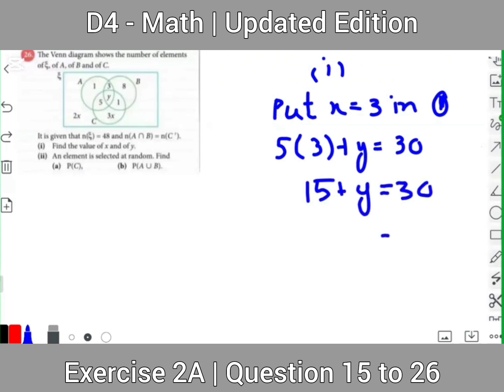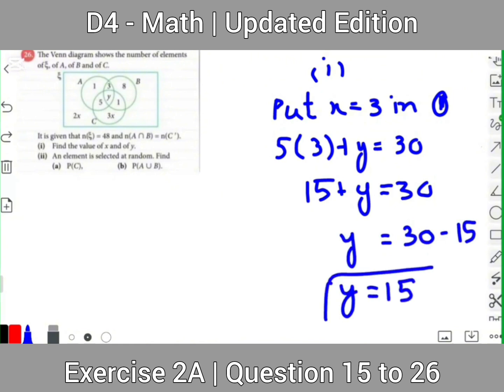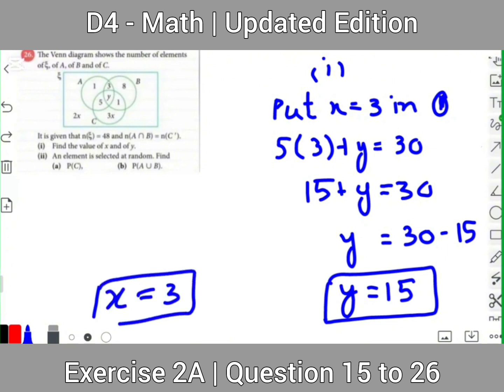And when this 15 goes to the other side, it will become minus 15, and the value of y is equal to 15. So hence the value of x is equal to 3, and the value of y is equal to 15.